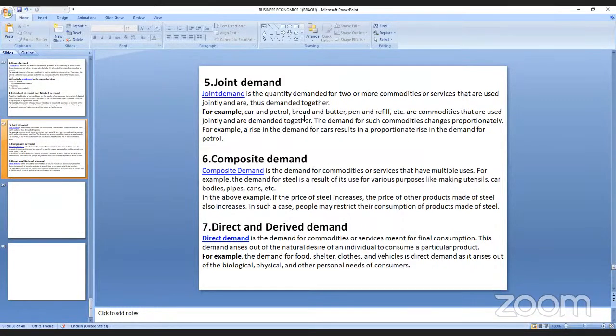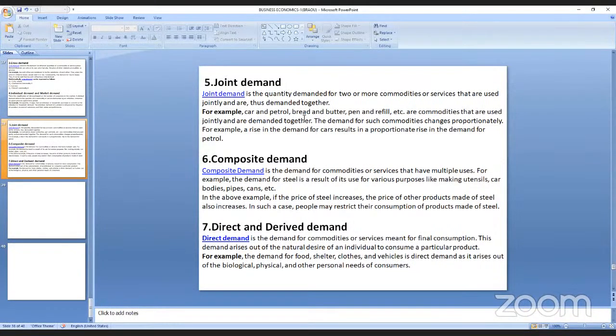Is it clear? When you go to the gold shop and ask about the ornament cost, it has increased. The same way, if the price of raw gold increases, the ornament price also increases. So steel and gold are used for making many things.